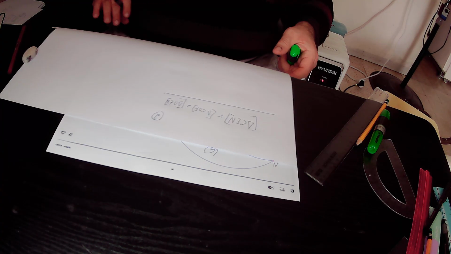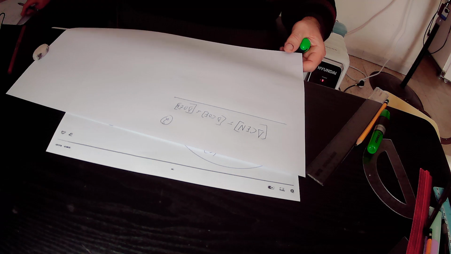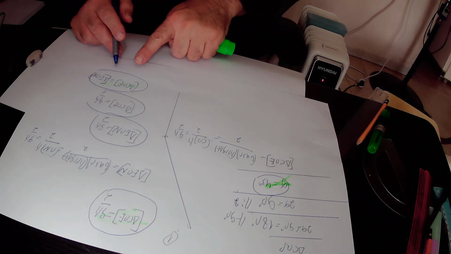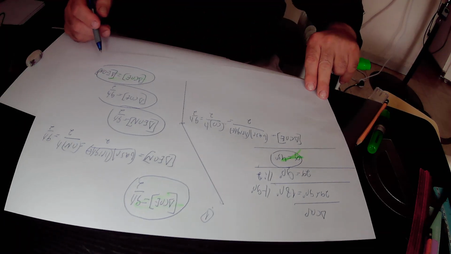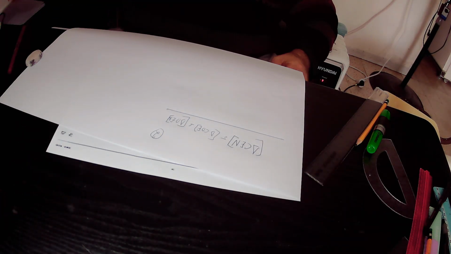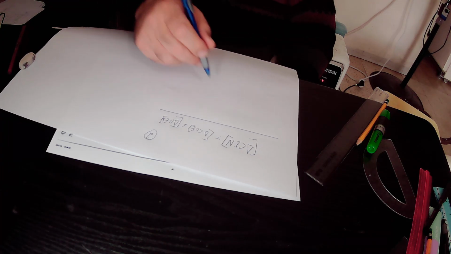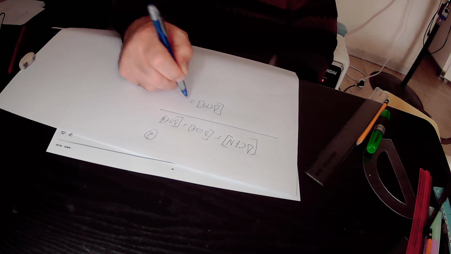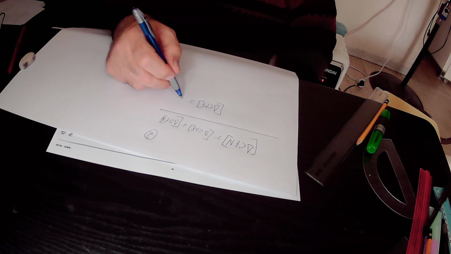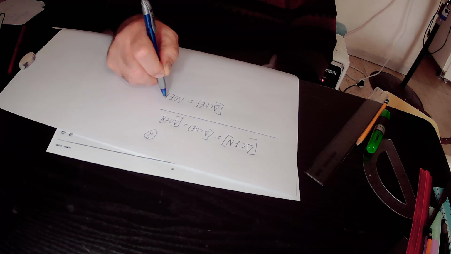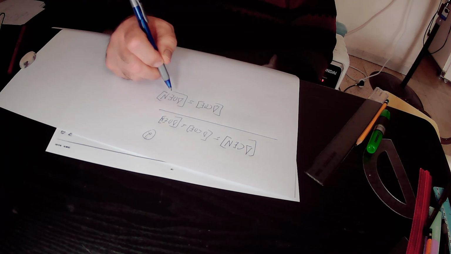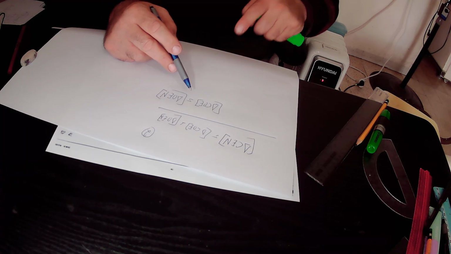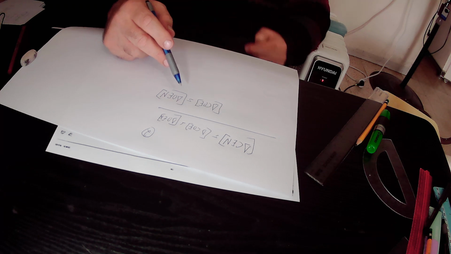But we already found out that the area of triangle COE equals the area of triangle EON. Therefore, we can substitute the area of triangle OEN by the area of triangle COE because they are equal to each other.